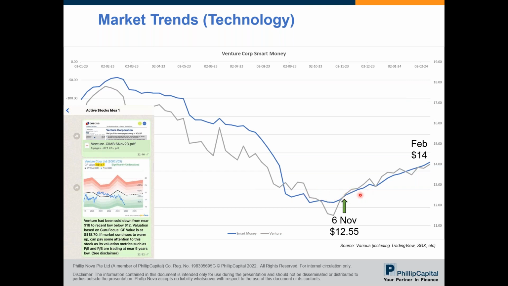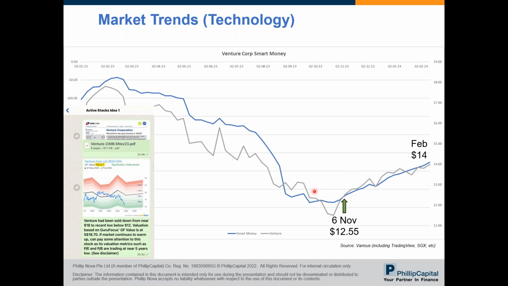Or you can also rely on your other tools, such as technical analysis on the Venture price chart itself, or fundamental analysis on the company. But as I mentioned, I had previously studied the US tech sector, and I think there's a strong chance or momentum for the US tech sector to go up.